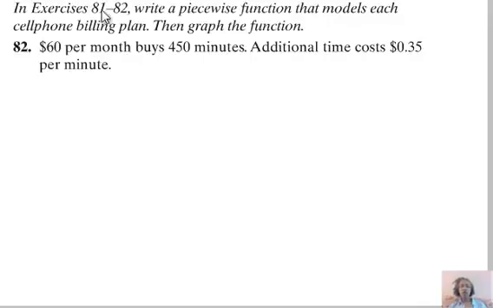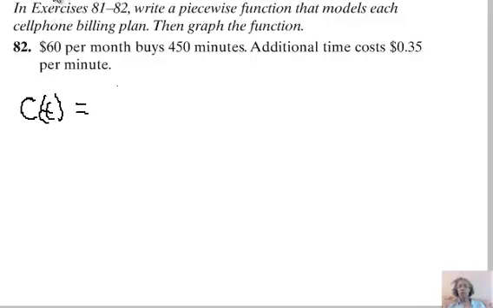Here in 82 we have an application problem. We want to write a piecewise function that models each cell phone billing plan. So let's follow suit from the previous problem, and let's call this C of t. And we're told that $60 a month buys 450 minutes.